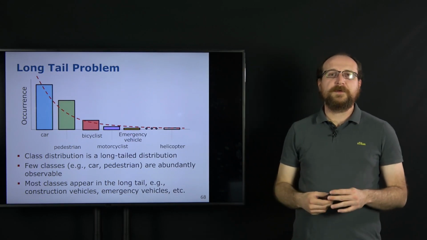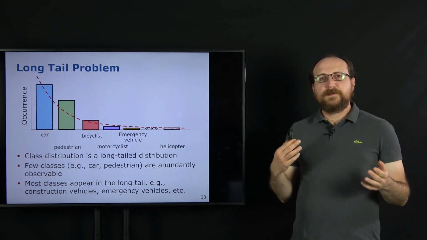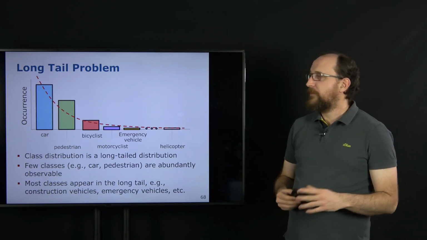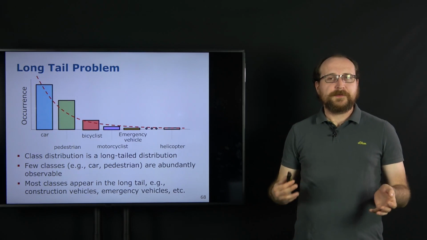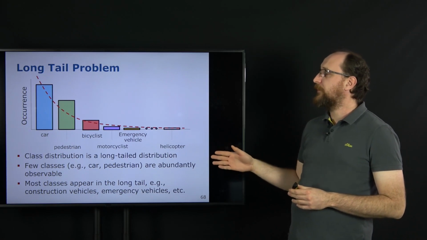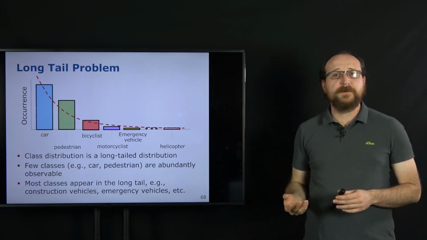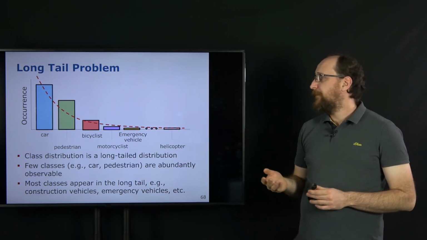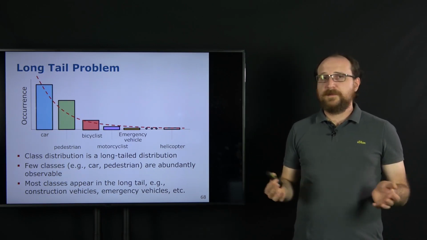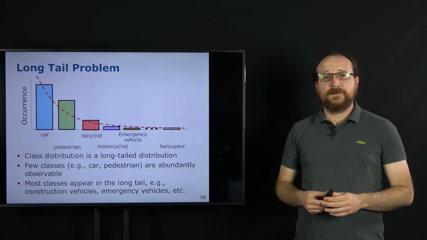And when you drive around much longer, it's still very seldom that you maybe see a rescue helicopter somewhere. This problem, the occurrence of objects or object classes in the surroundings, is the so-called long-tail problem, because we have many classes that might also be relevant for self-driving that only occur very few times. Even when driving around long enough, we will not gather so many data points for the specific classes.